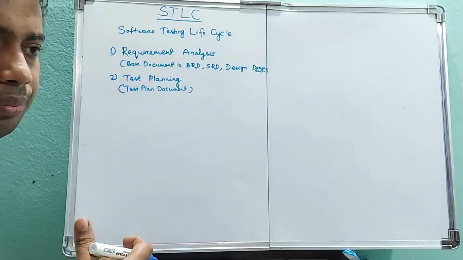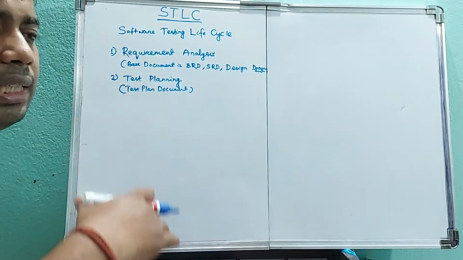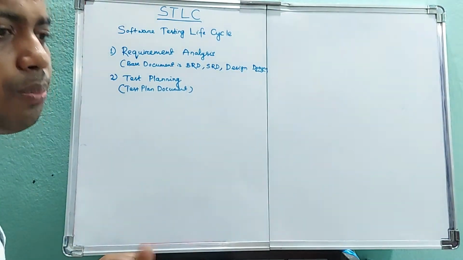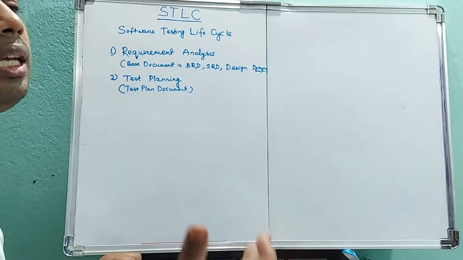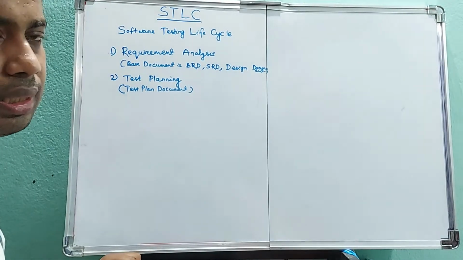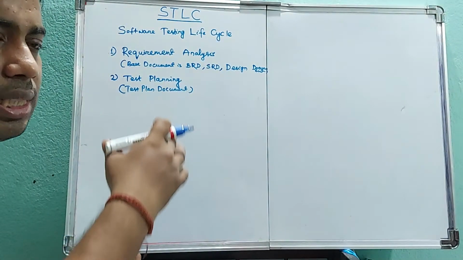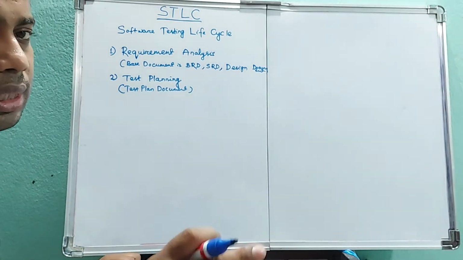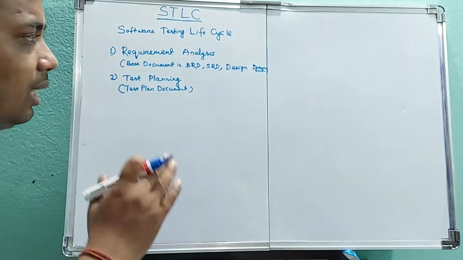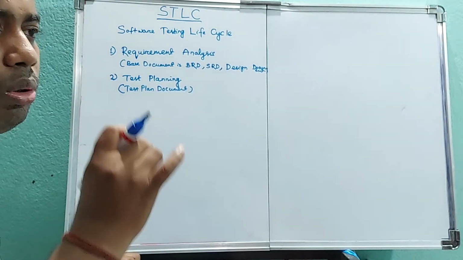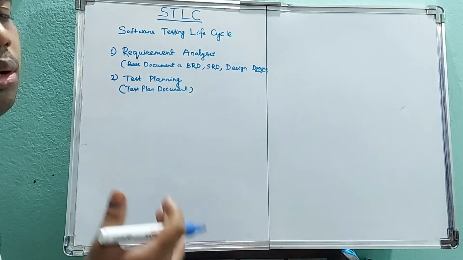Along with that, for every phase of testing, what would be our entry criteria, from which point we can enter a phase of testing, and exit criteria, at which point we can exit from testing. Then comes the schedule and resourcing. A complete schedule is prepared for a project, and our testing process should fit that schedule, and testing should have its own internal schedule, which should match the project schedule.